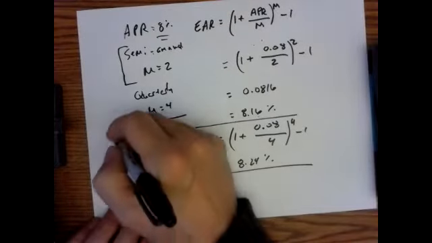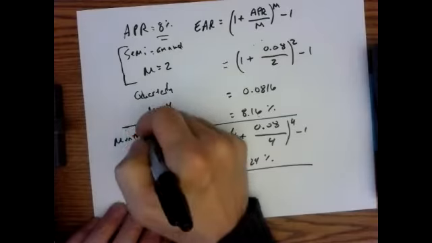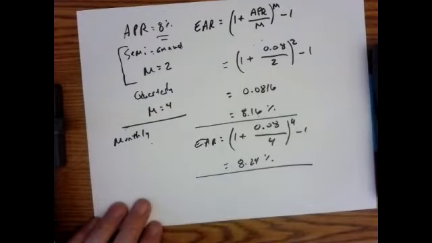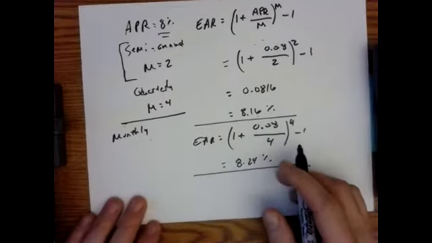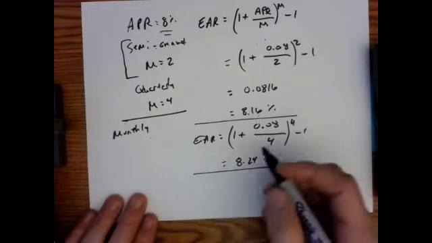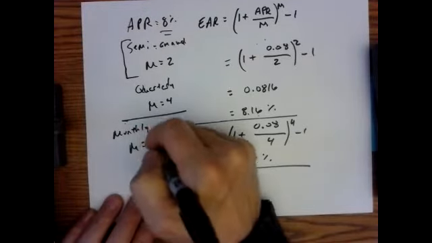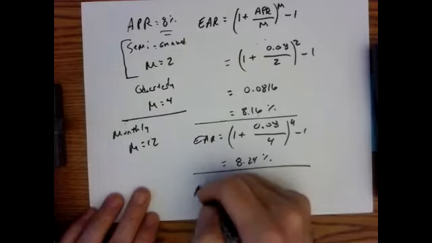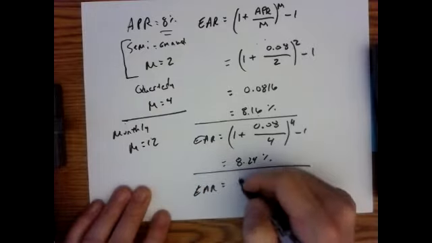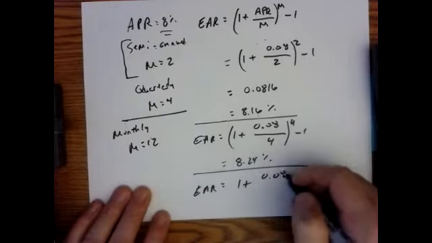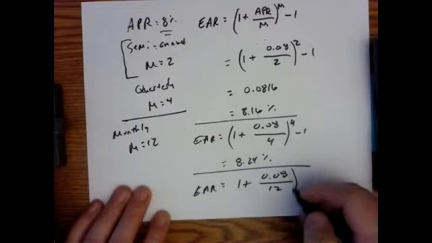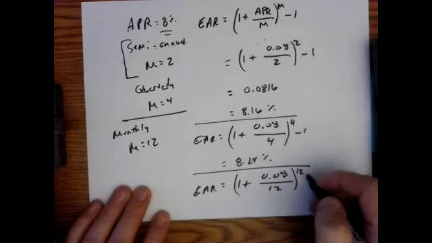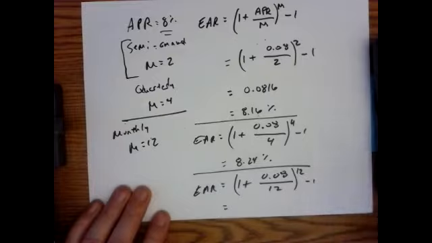If you did monthly, which is what most of our bills are on, and maybe checking accounts and so forth, then M would equal 12. And so then you have an EAR equal to 1 plus 0.08 divided by 12, raised to the 12th power, minus 1.